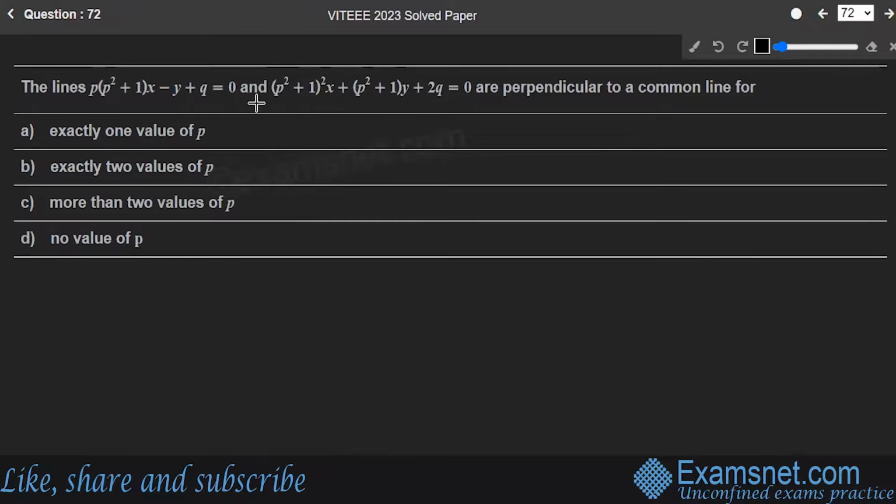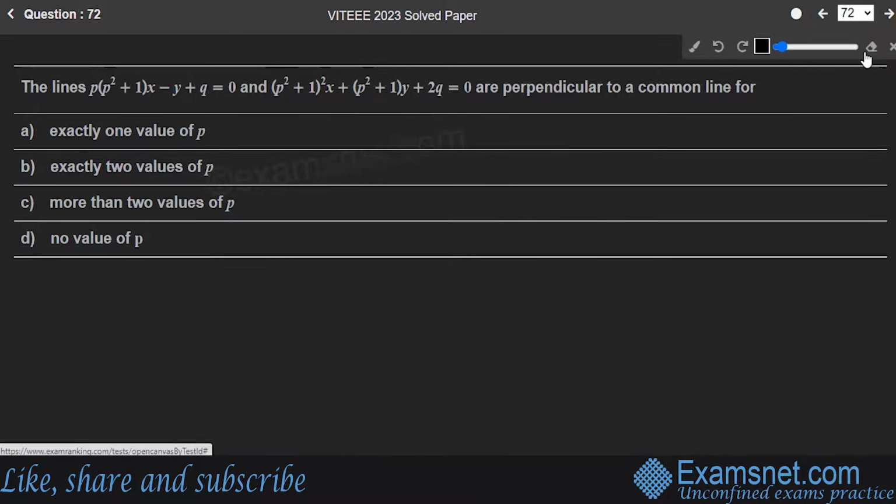So one thing, if they are perpendicular to a common line, then they must be parallel to each other. See, this is perpendicular to this line, and this is also perpendicular to this line, so which surely means that these two lines are parallel to each other, right?